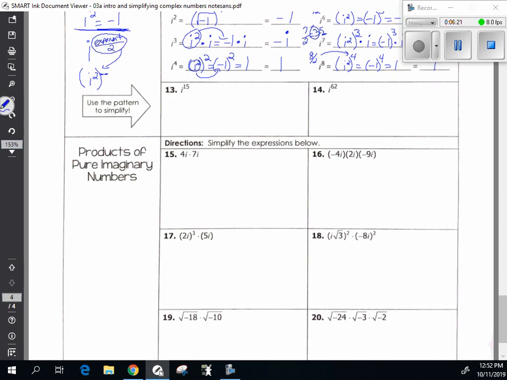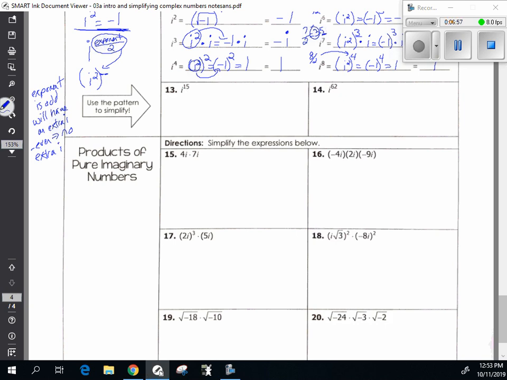What you will also notice in the pattern is if the exponent is odd, then we'll have an extra i. If it is even, there'll be no extra i. And I know how great my handwriting is on the smartboard.